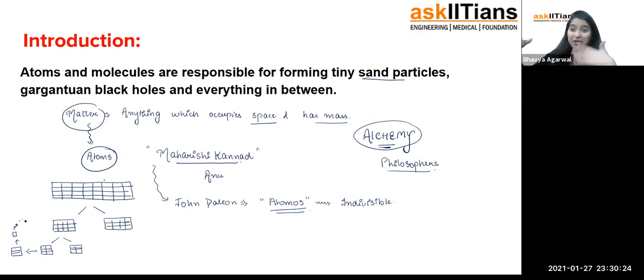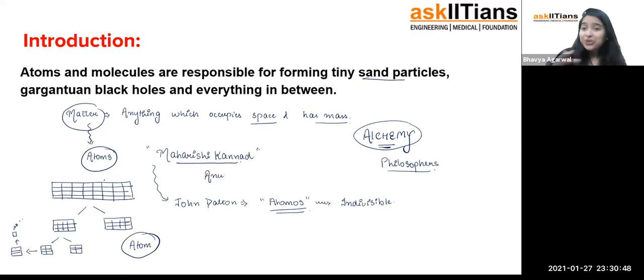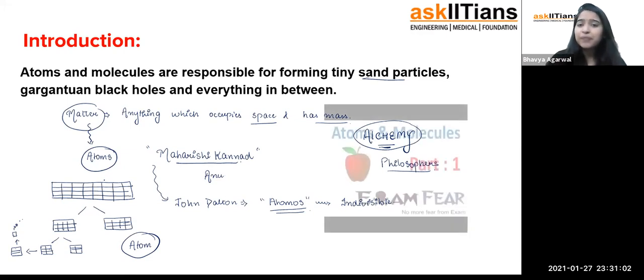But when you keep on doing it at an advanced level, it keeps on breaking into a very, very small particle, and that very small particle is known as an atom. You remember that we have done this in our very first chapter, when we discussed the properties of matter. So yes, it was made up of extremely small particles known as atoms.